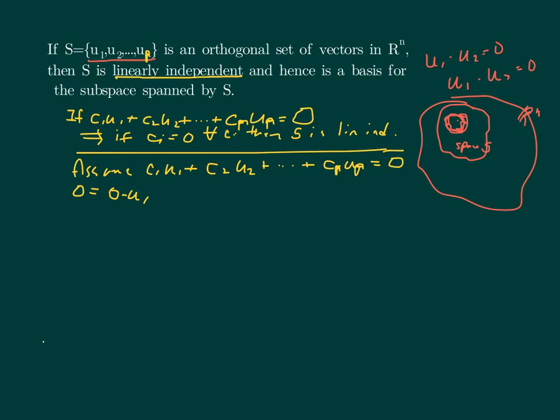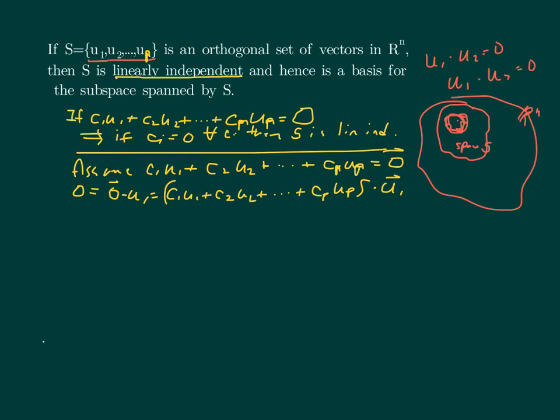All right, so I'm going to take this, which we know is equal to 0, and substitute in so that instead of 0, I say c1 u1 plus c2 u2 plus c sub p u sub p, and I find the dot product again with u1.